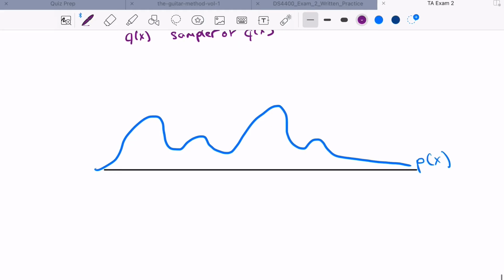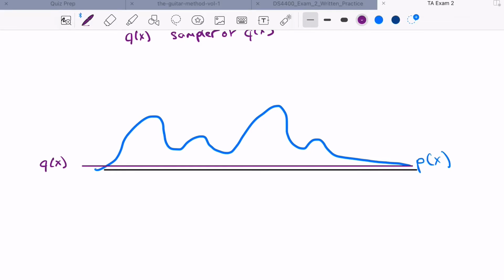Remember, a uniform distribution assigns the same probability to all samples, so if we draw out Q of X, it's going to have low probabilities for all samples.